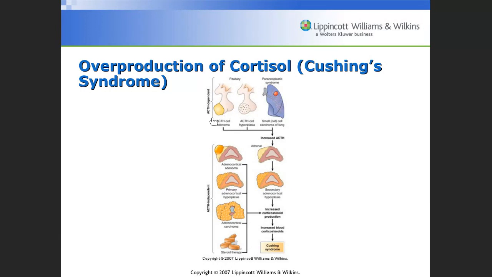You can have an overactive tumor or even hyperplasia in the anterior pituitary that puts out ACTH. So all of this is ACTH dependent, but if it's a tumor in the adrenal cortex itself, then these would be considered ACTH independent, and sometimes overuse of a drug, if you will.